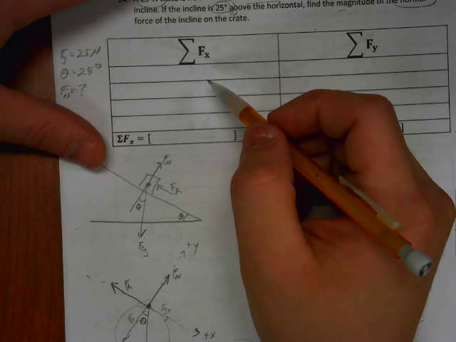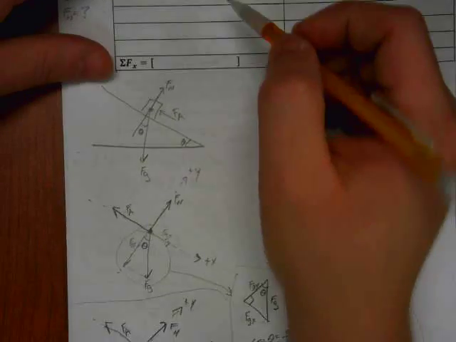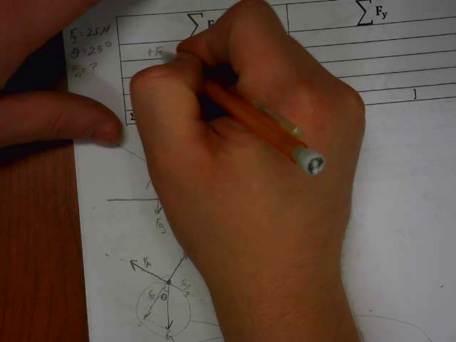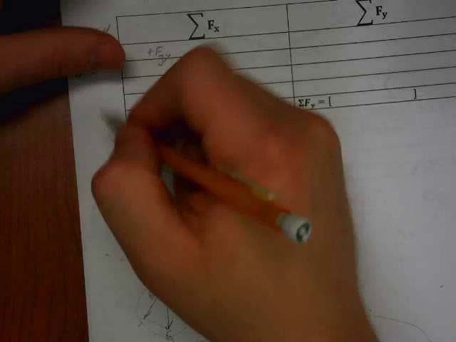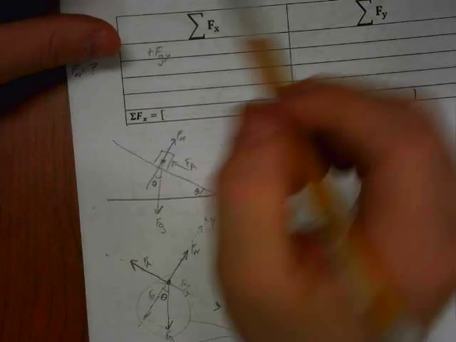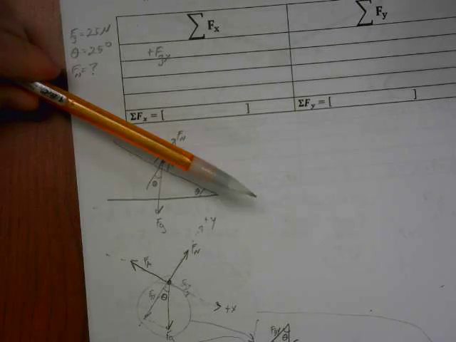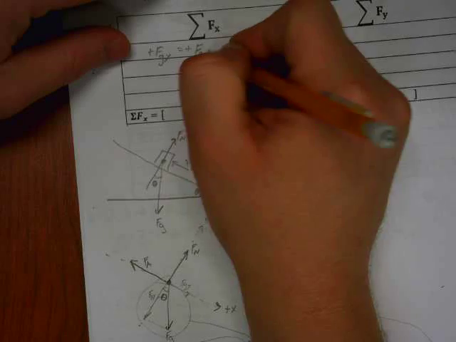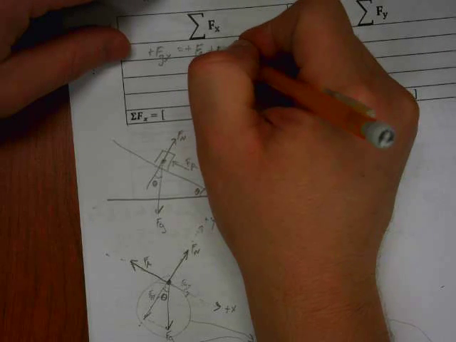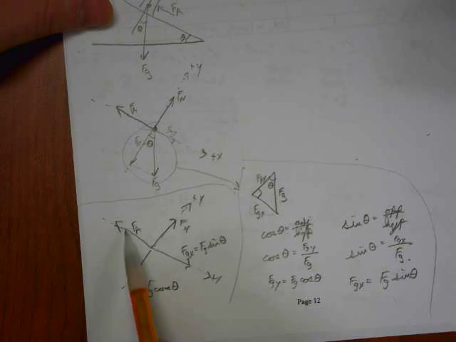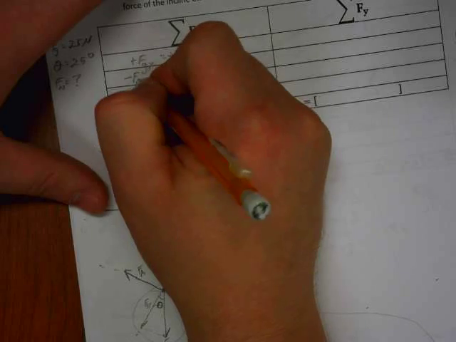In the x direction, FGX, we saw it down here, FG sine of theta, that is positive, just because we choose the positive x direction to be to the right, down the incline, this way. Now we also have the other force, which is the force applied. That is in the negative x direction, so I'm going to put a negative there.